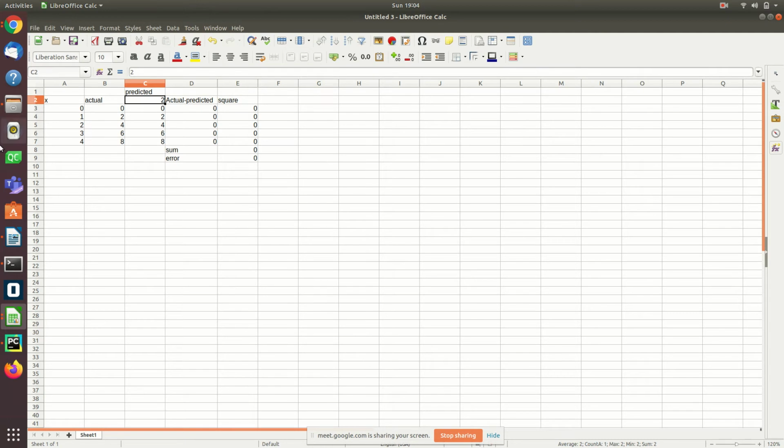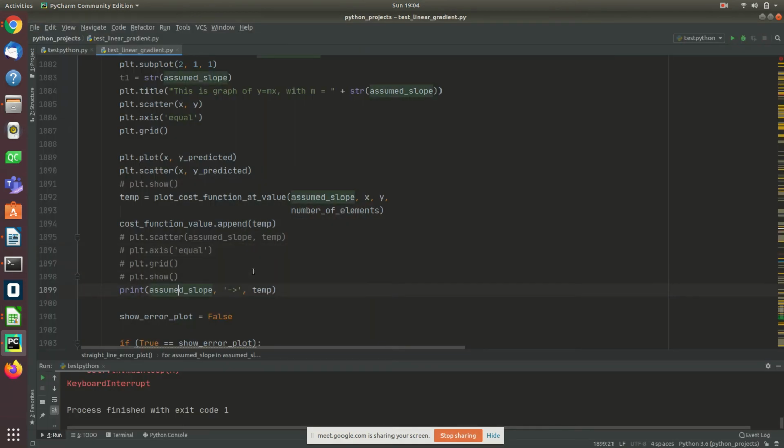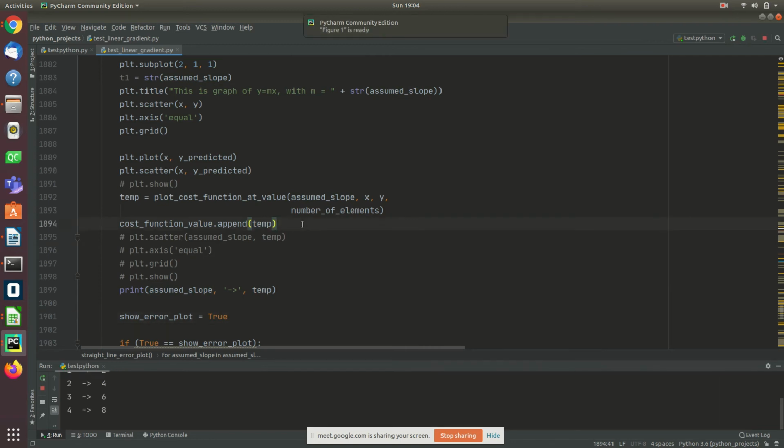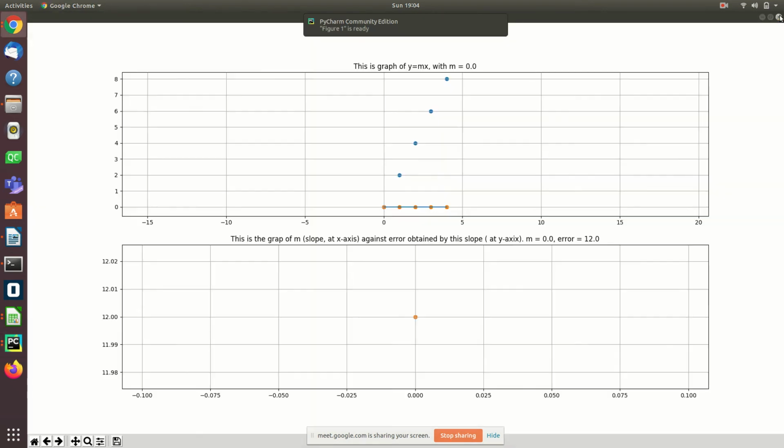So what I just showed in the Excel sheet, let's try to see this in a Python program which I already made. I just need to make this true. I will run my application again. So when m is equal to 0, my error is 12, right?